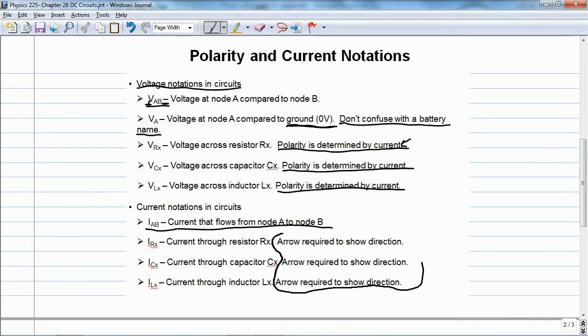The polarity arrow, the arrow direction of the current, must be shown. If I don't know this and you just give me the current, I don't know which way it's flowing. I have to be able to see that. So make sure that when you give me the current, I see the direction of the arrow so that I can understand and make sure that it's being done correctly.